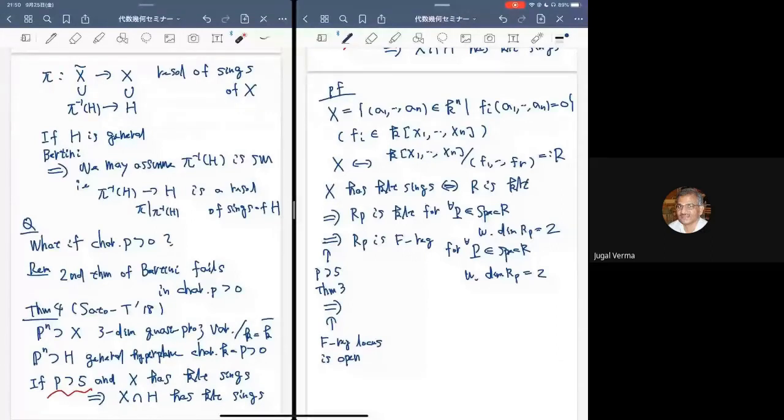So R_P is F-regular for every codimension 2 point, and R is a three-dimensional ring, and the F-regular locus is open, which means R_P is F-regular for all P except for finitely many maximal ideals, except for finitely many closed points.